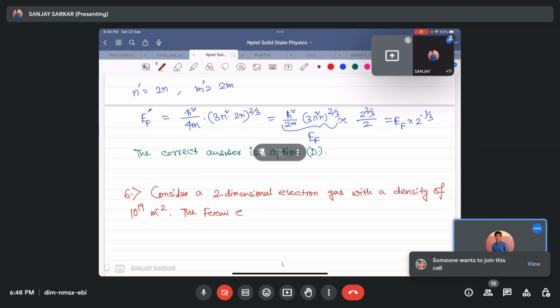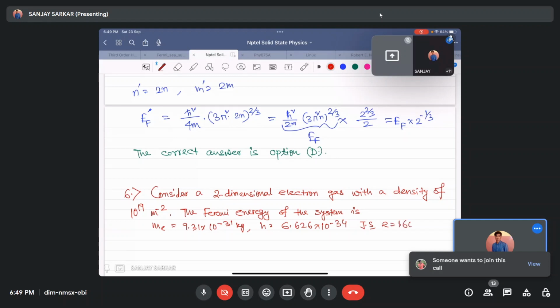The Fermi energy of the system is, in electron volt unit, you need to calculate, where the mass of electron is given as 9.31 into 10 to the power minus 31 kg, h is also given, 6.626 into 10 to the power minus 34 joule second, and e is, you already know, 1.602 into 10 to the power minus 19 coulomb.